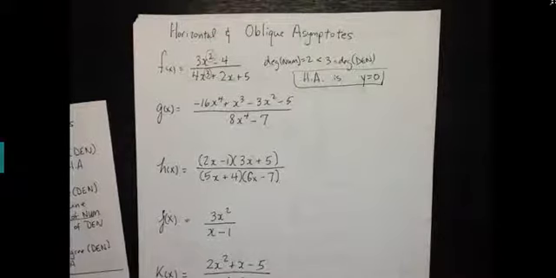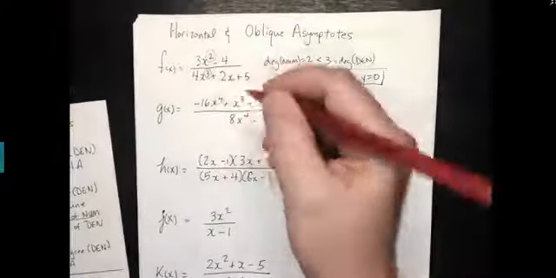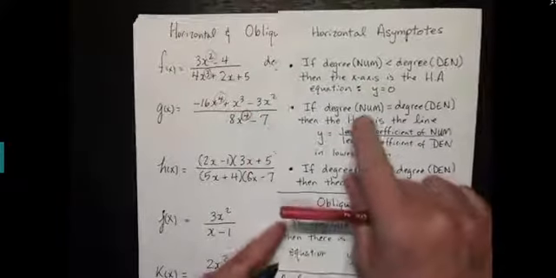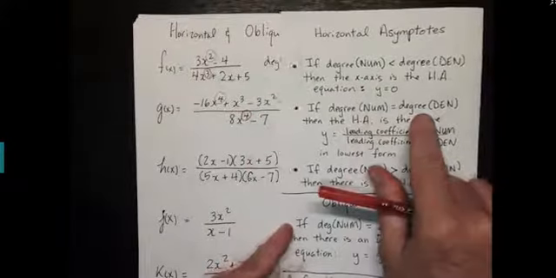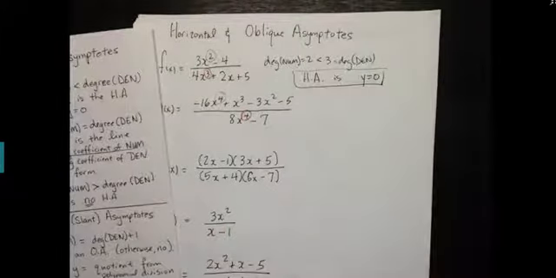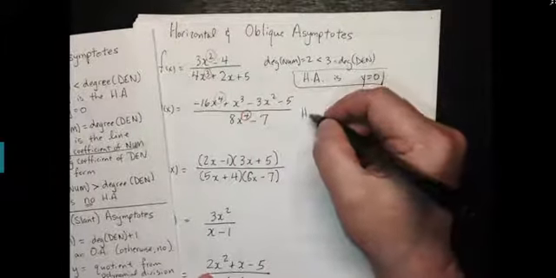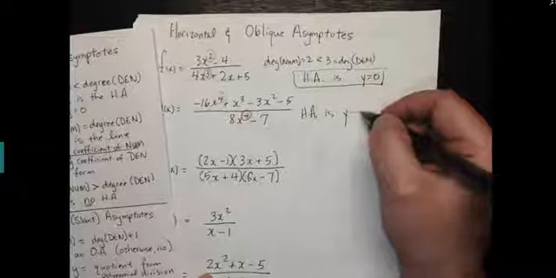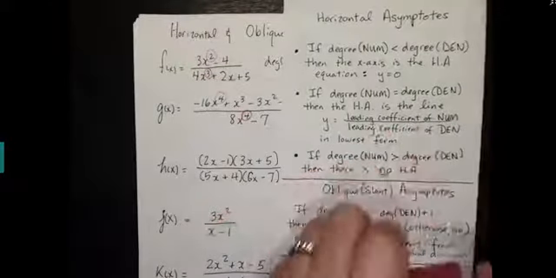All right, what about this one? Well, the degree of the numerator is 4, and the degree of the denominator is 4. And so we're in this case if the degree of the numerator equals the degree of the denominator. So we will have a horizontal asymptote, and it's going to be the line y equals the leading coefficient of the numerator.